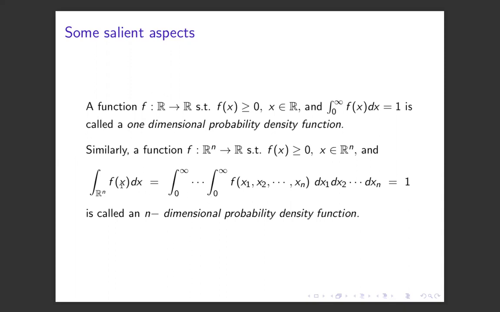Remember that when we write x here in the n-dimensional space, that stands for the vector (x1, x2, ..., xn). These are all standard notations. So if you integrate this function f with respect to dx1, dx2, ..., dxn, that is equal to 1.